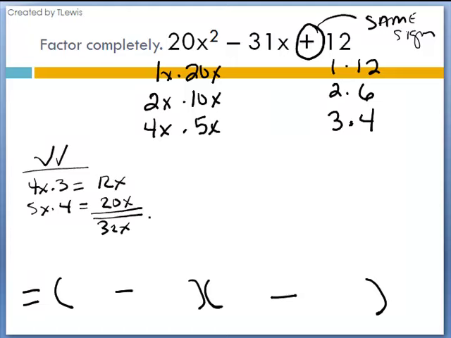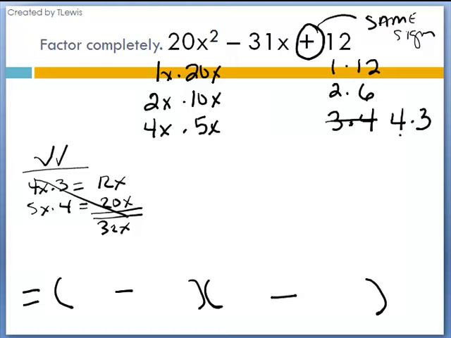So I told you in class, another option is we can flip the factors around. And I usually just work with the last term. I pretty much keep the first terms the same. But instead of saying 3 and 4, let's flip this around and say 4 and 3. And let's try that method. Okay?